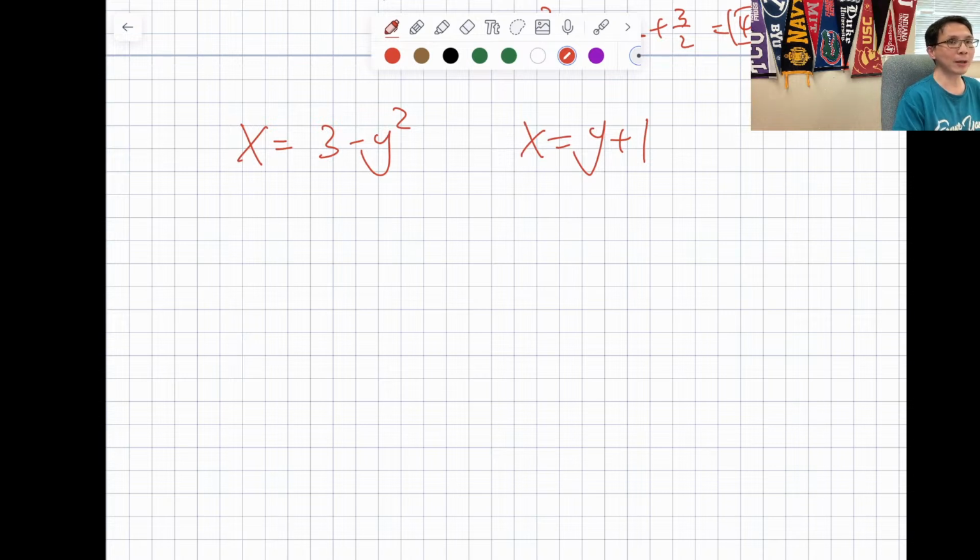Does anybody know how to graph x equals 3 minus y squared? What would that graph look like?